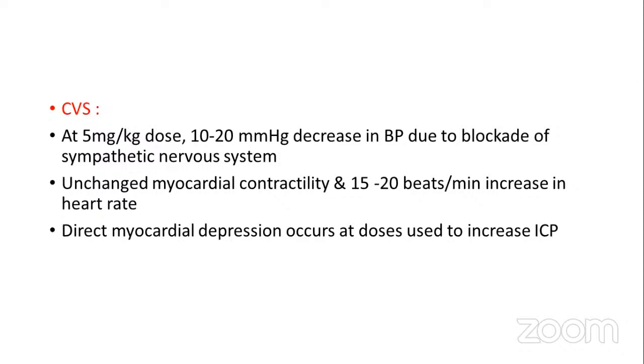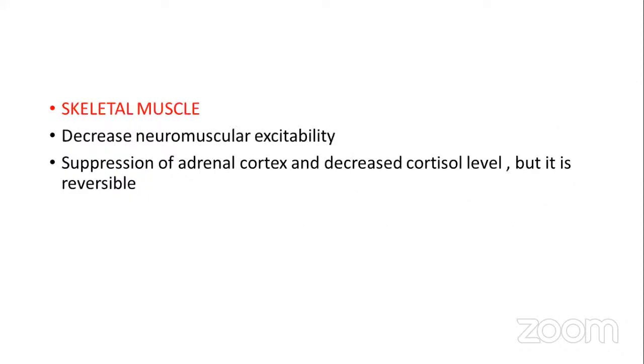Thiopentone's effect on the cardiovascular system: at a 5 mg per kg dose, a 10 to 20 mmHg decrease in BP occurs due to blockade of the sympathetic nervous system. Direct myocardial depression occurs at higher doses. Its effect on skeletal muscle is that it decreases neuromuscular excitability. Suppression of the adrenal cortex is mostly seen with etomidate later, and decreased cortisol level, but it is reversible.